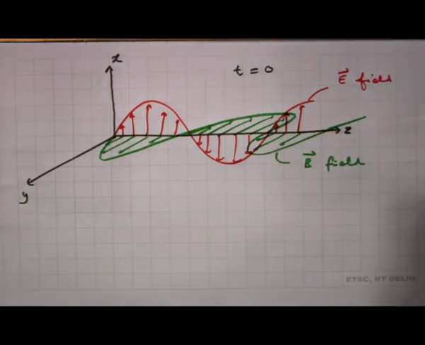Now, one has to be a little careful in interpreting this figure, because it is a very abstract figure in the following sense. Please note that these arrows only represent the magnitude and direction of the electric and magnetic fields at every point on the axis of this wave.